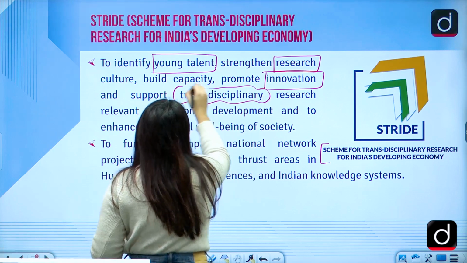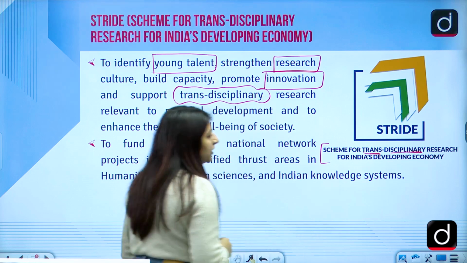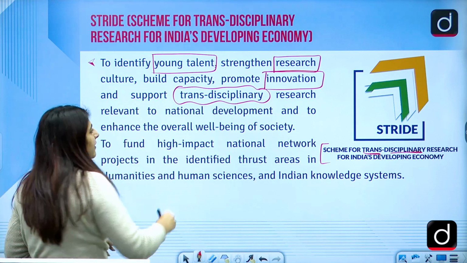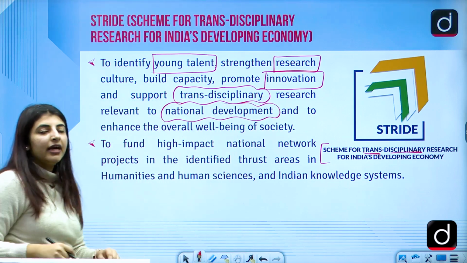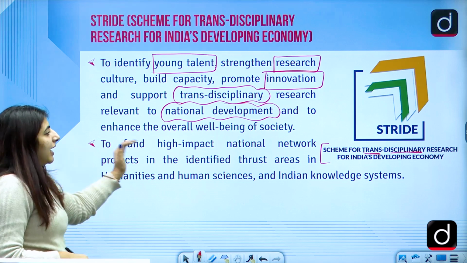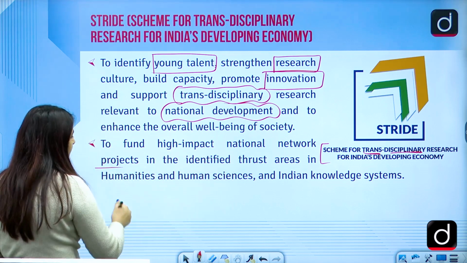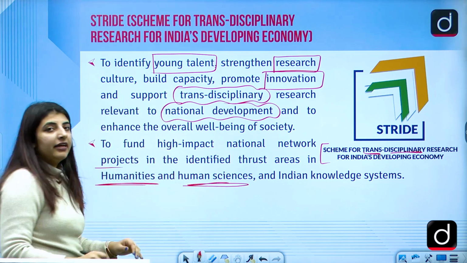So transdisciplinary research, as the name suggests, is a scheme for transdisciplinary research for India's developing economy, right? So it means that national development is the goal of this scheme. To fund high impact national network projects in the identified thrust areas and in humanities and human sciences and Indian knowledge system.